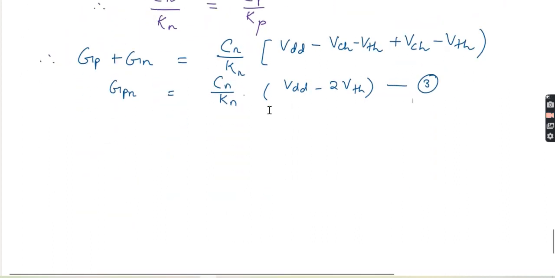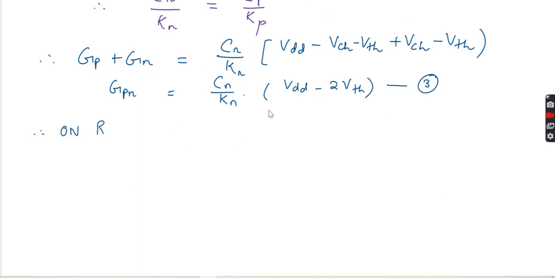Now from this I can say the on resistance of the transmission gate, the TG, is independent of channel voltage.